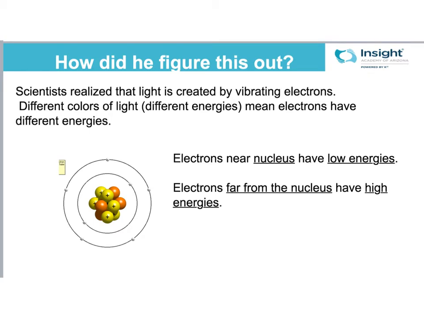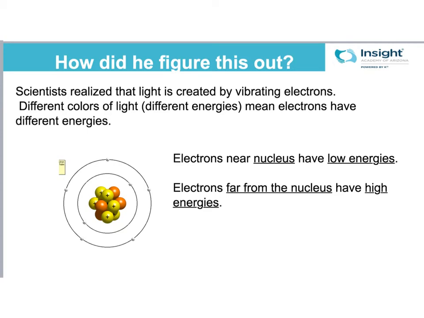Back when Bohr was studying this, even now, we really can't see electrons under microscopes, but definitely couldn't back then.